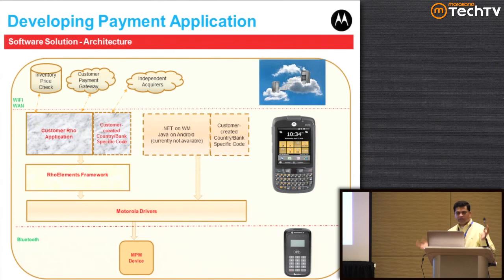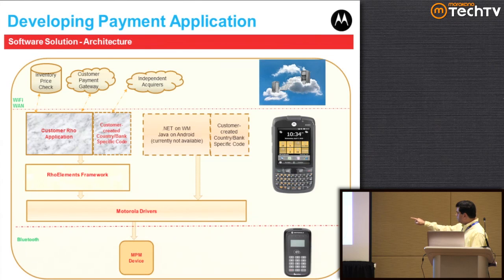I say here, customer payment gateway. If you are a big company like Walmart or Target, they're not going to go through regular independent acquirers. They have their own infrastructure. They do a lot of other things before the payment begins. Independent acquirers are for small businesses who want to set up something fast and easy.